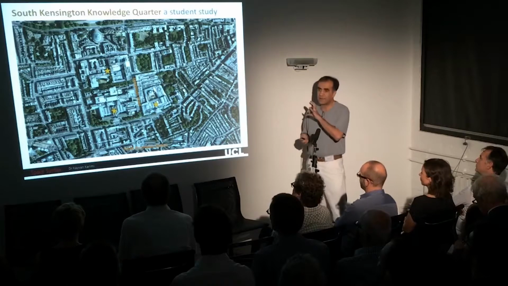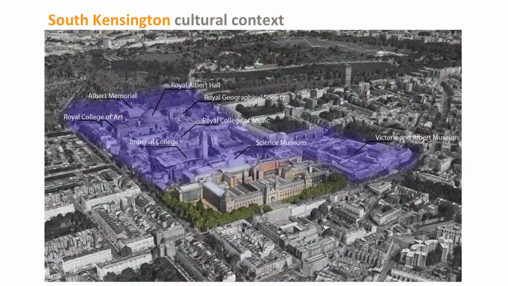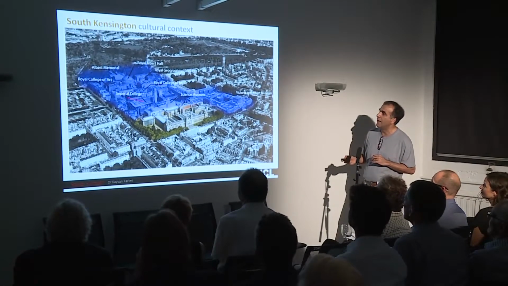I think this was enough to create a good understanding of this, and I'm going to show you some of this work very quickly. This is the context of this, the Natural History Museum and the Victoria and Albert Museum.